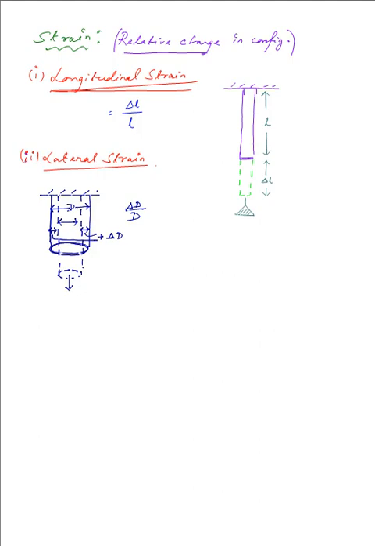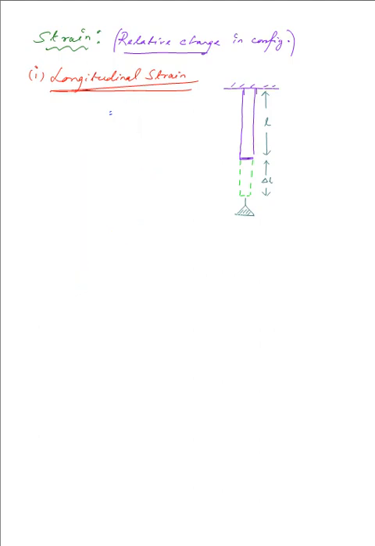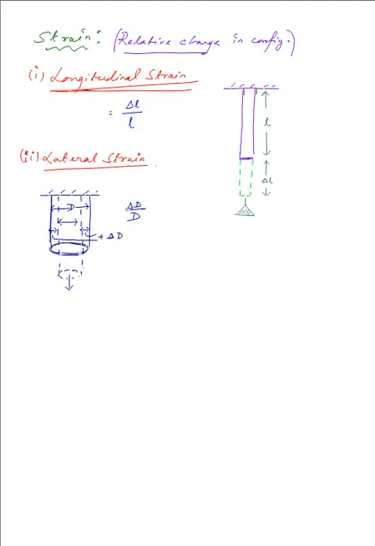Similarly, we have the volume strain, where the entire volume of a given body is considered, and the change in volume per unit volume. So suppose this is a spherical object, so let's consider the case of volume strain.